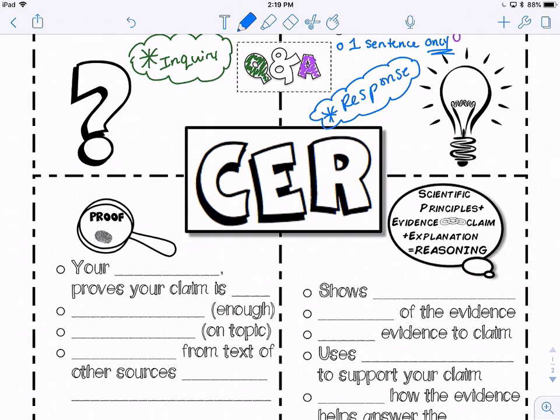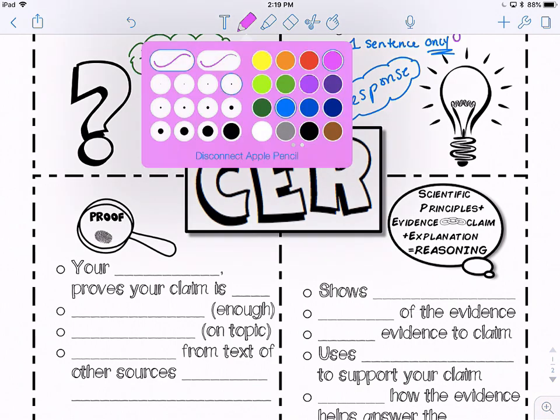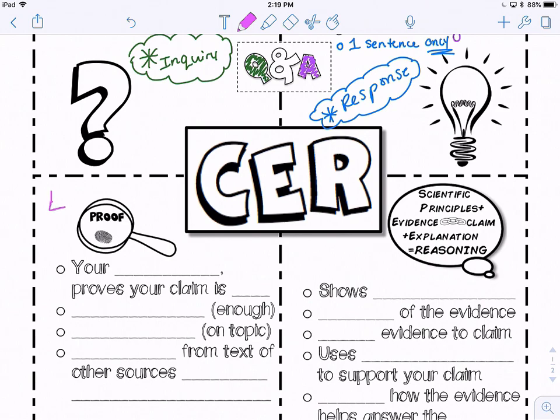Let's talk about the next part, your proof, or another word for that would be your evidence. That's the E part. Your proof simply proves your claim is true.